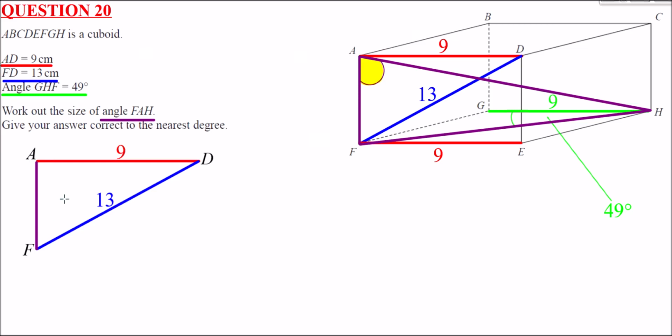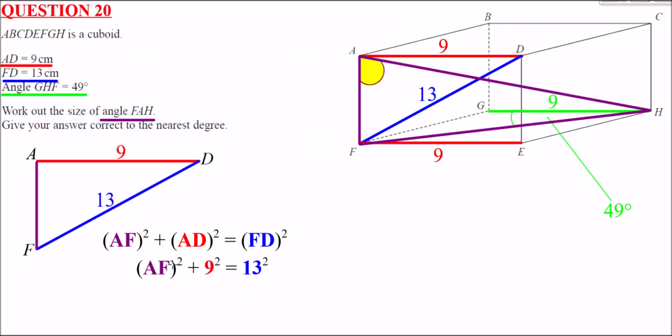So if we recall Pythagoras, AF squared plus AD squared equals the hypotenuse squared. So AF squared is what we're trying to find. AD squared will mean 9 squared and FD squared will be 13 squared. So filling in this information, that can be rearranged by subtracting 9 squared from both sides to get AF squared on its own, like so.